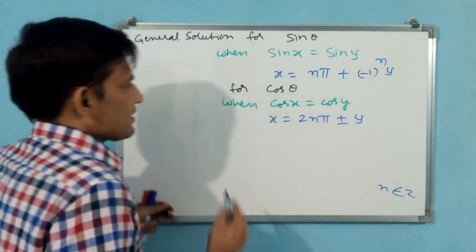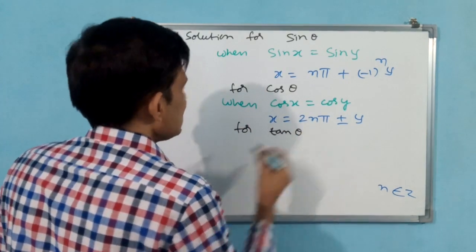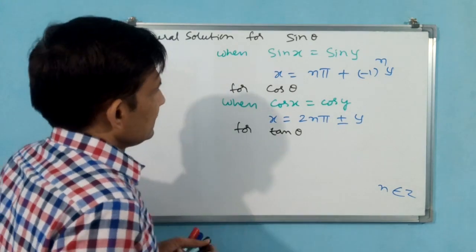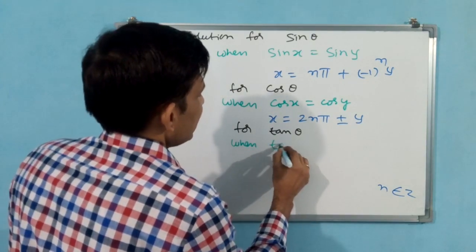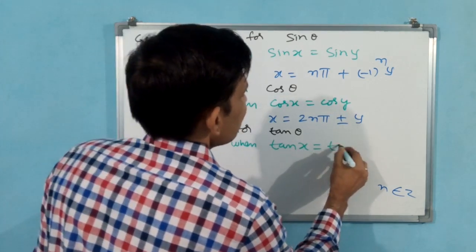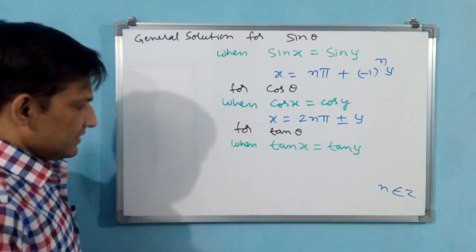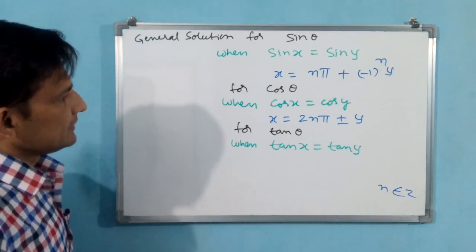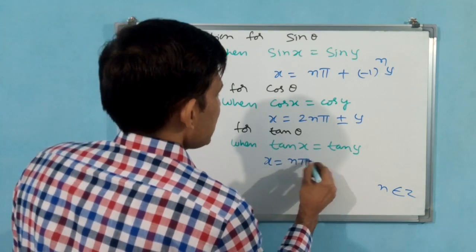For tan theta, when tan x is equal to tan y, x is equal to n pi plus y.